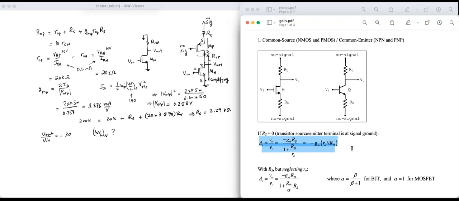So if RS is 0, I get this formula. AV is minus GM times RO parallel RD. All right, so this is the gain, minus GM of the amplifying MOSFET, so minus GMN times RON parallel RD. What's RD in my circuit here? It's ROP, big ROP. This is the RD that we use in the formula from the formula sheet.